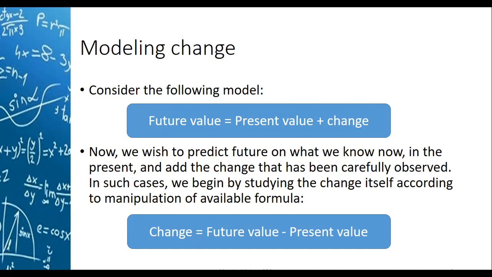We currently reside in the present, so we have the ability to quantify the present value. If right now I have a present value and I want to know my future value, there must be a slight change between what I am currently living in and the future.